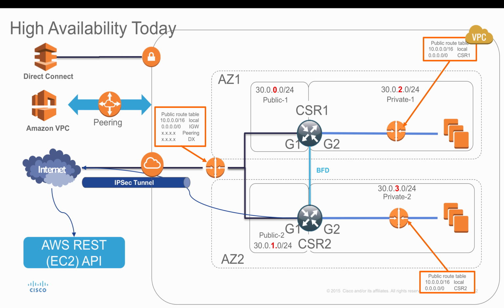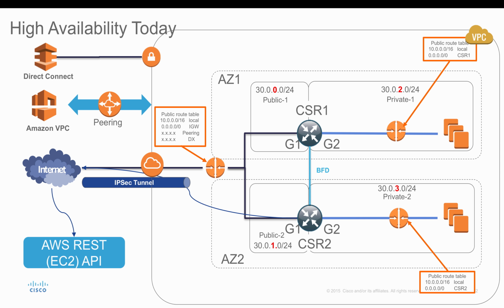It leverages different AZs, and it leverages a pair of CSRs in case one CSR fails. The tunnel or the overlay will not be torn down because you have another backup CSR. It also suits your application, which can be running in different AZs. So this is the most common use case.